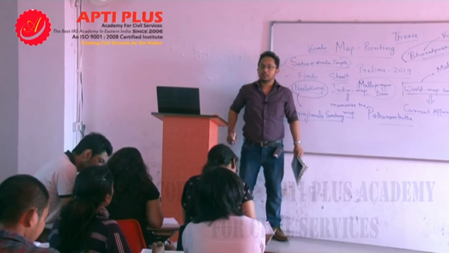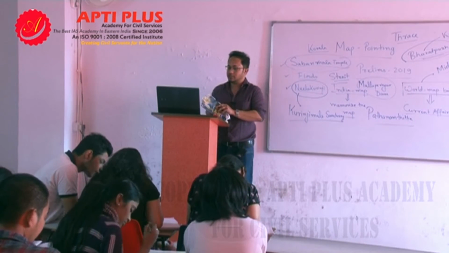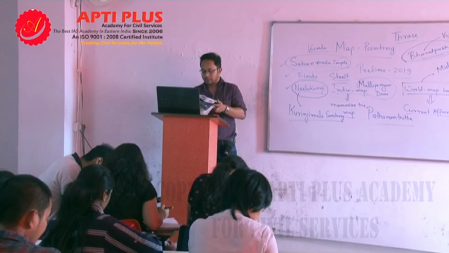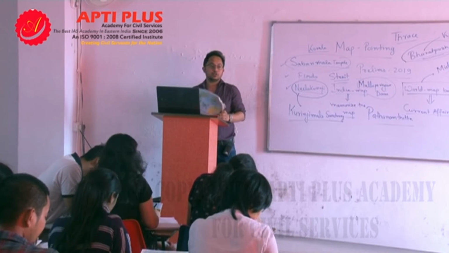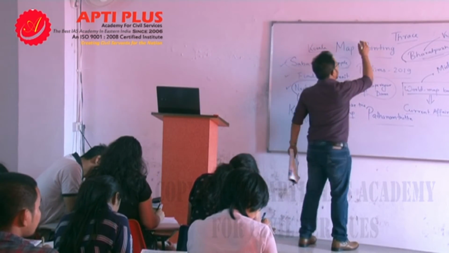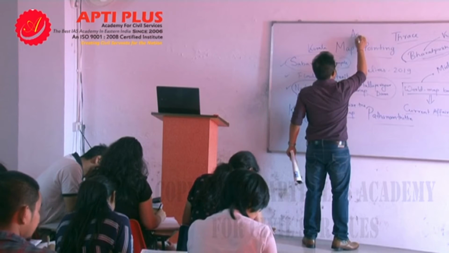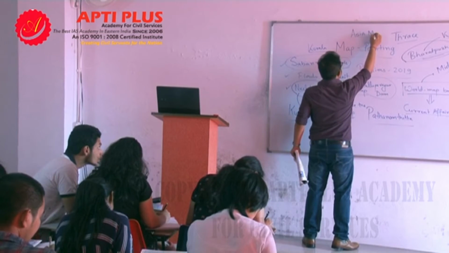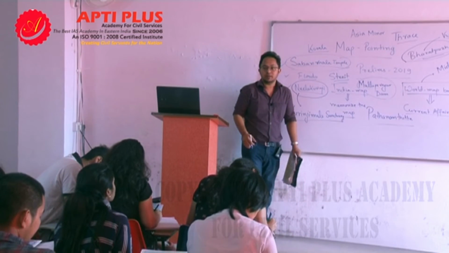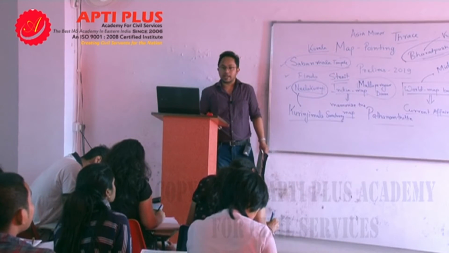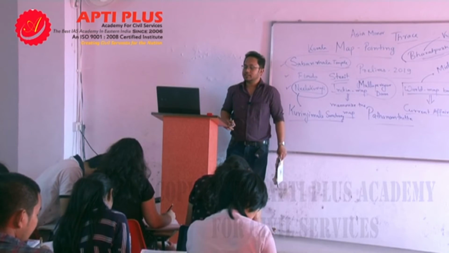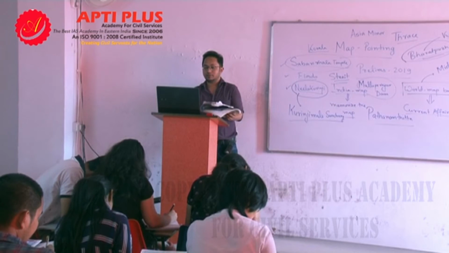European side of Turkey, it is called Thrace, and the Asian side, it is called Asia Minor. It is also called Anatolia. You may have heard of the plateau of Anatolia. It is also called Anatolia or Asia Minor.